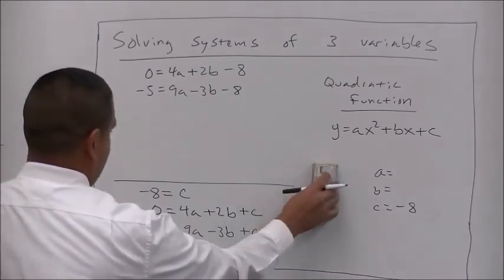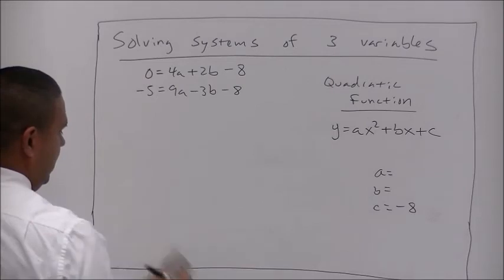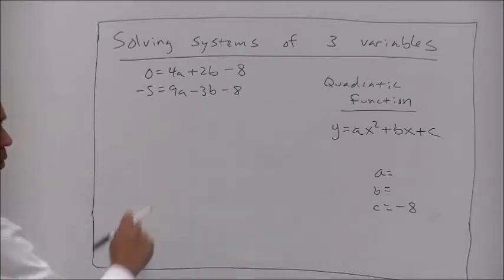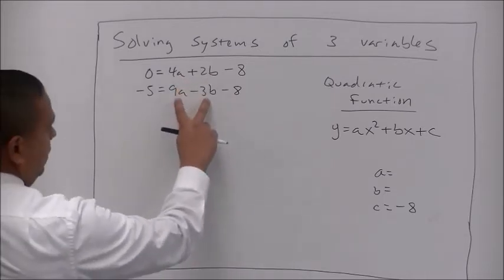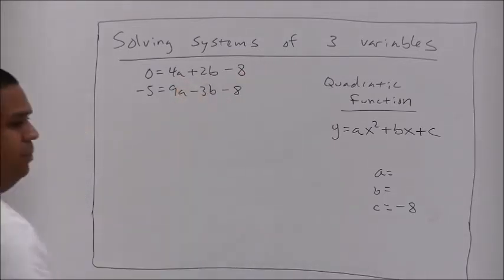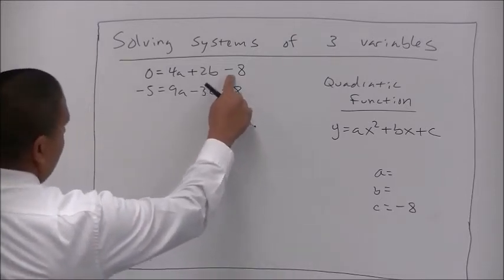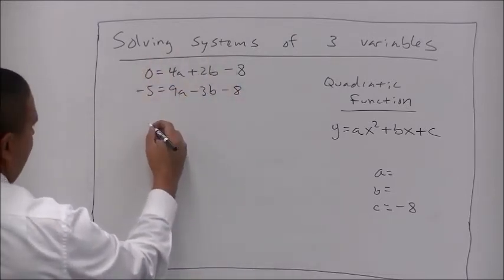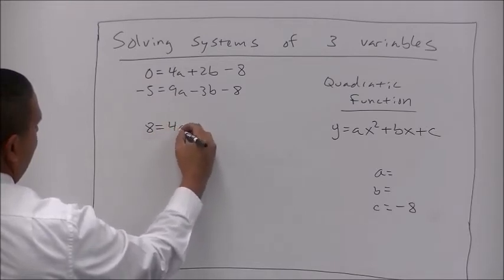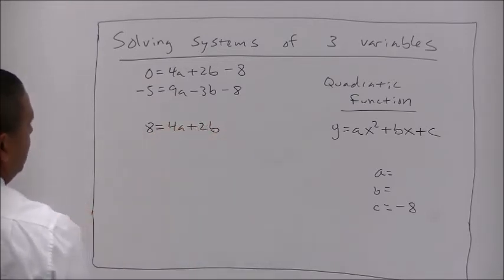Right. So now it's just like what we did Friday, or what you did for your warm-up today. Two variables, two equations, you should be able to solve it, right? So add the 8's over here. You got 8 equals 4a plus 2b.